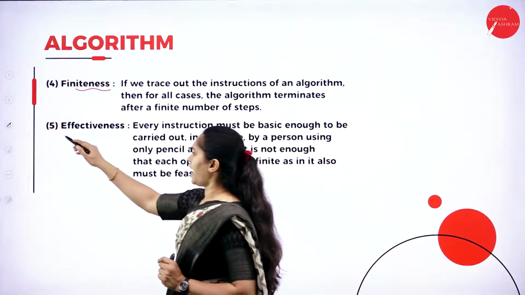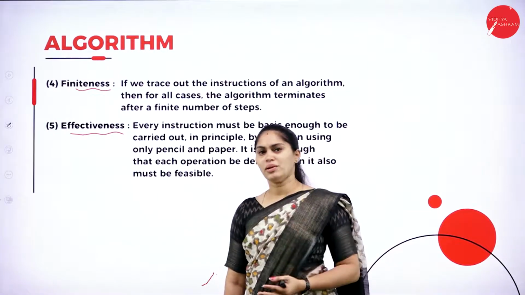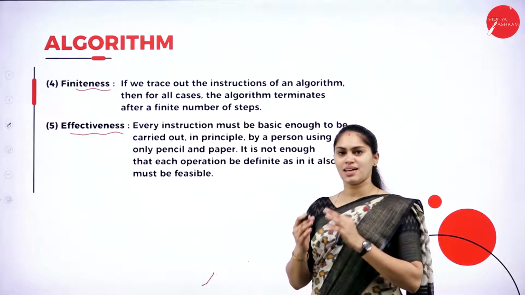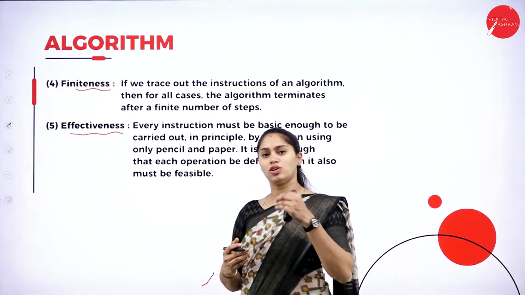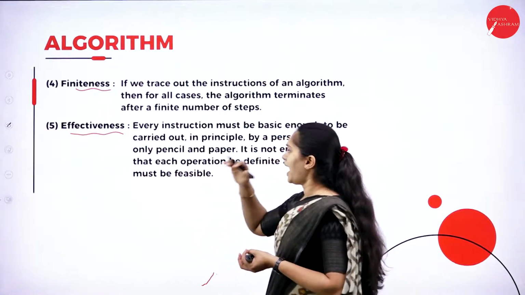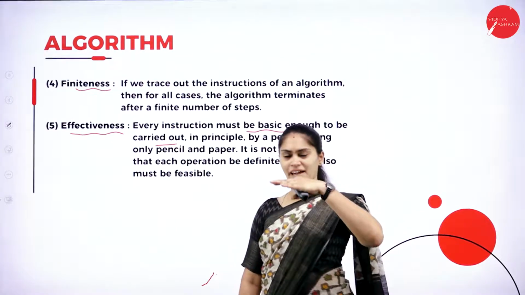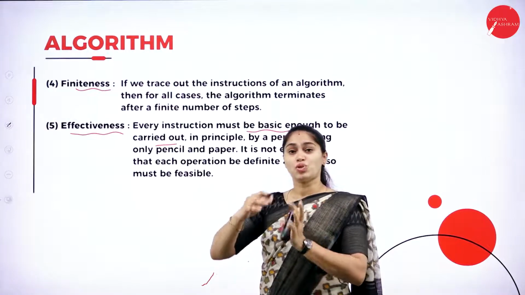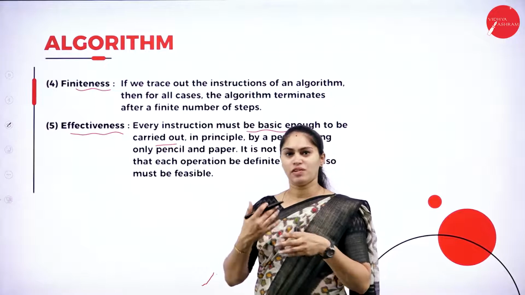And also we have effectiveness. Effectiveness in the sense what? We have many algorithms; I can solve the same problem with different kinds of algorithms, or write the solution in a different methodology. Effectiveness means every instruction must be basic enough to be carried out. Each step should yield a certain result. So it should not be dumb and it should not be wasteful.